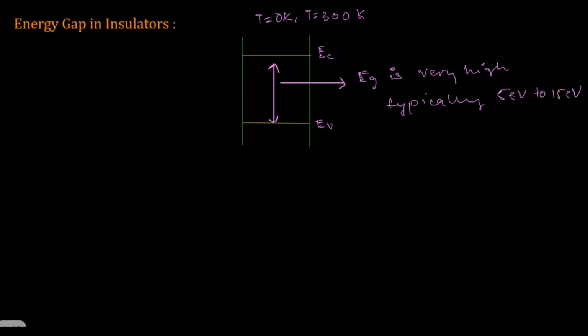This value of 5 to 15 electron volts is very high compared to semiconductors. Even if you apply high temperature, the energy gap is so high that it will not close. So my outermost electrons will not travel to the conduction band, hence there will be no flow of electrons, and this is why insulators are bad conductors of electricity.